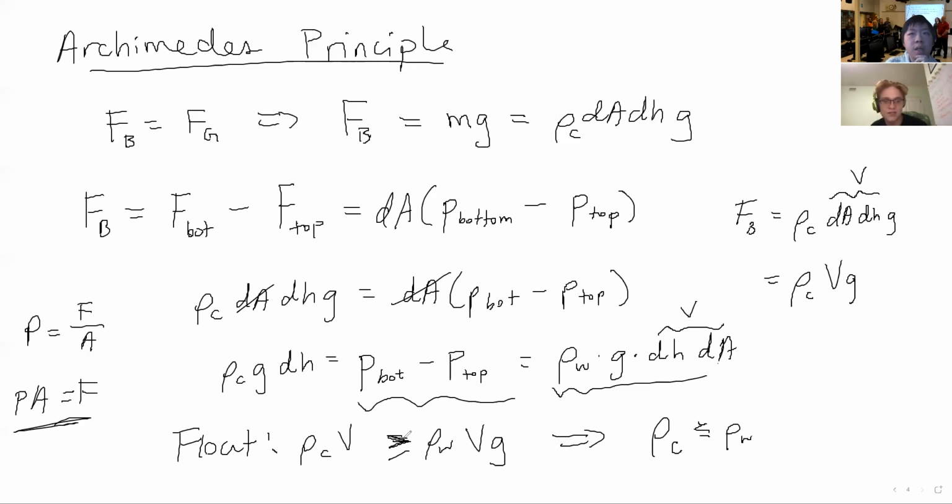Because if we go from the very previous line, we have rho C G dH equals rho W G dH. So you divide by G, you get rho C. Yeah, there you go. And now your inequality should work.